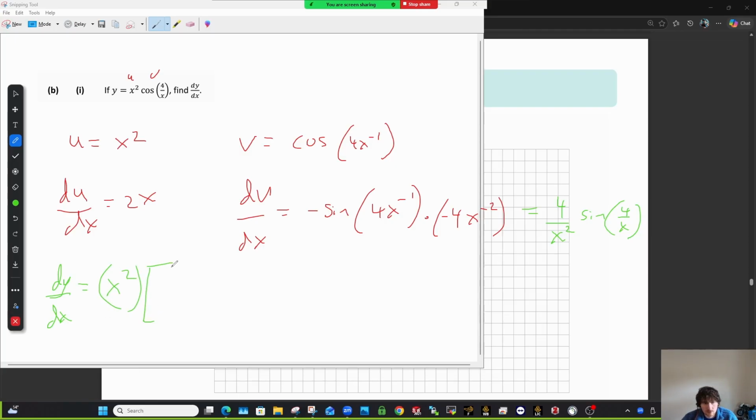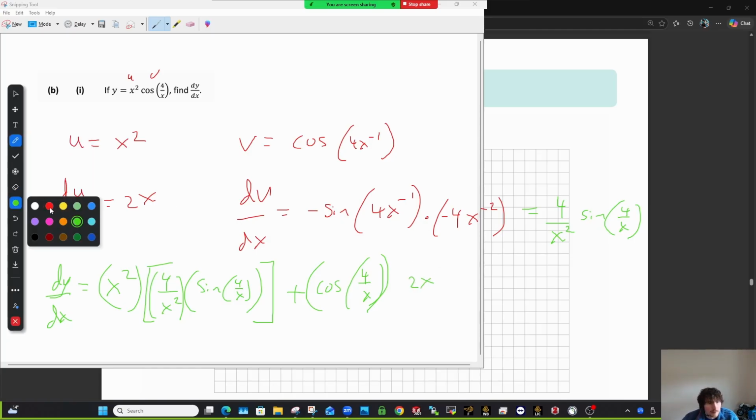I'll use a square bracket because it's quite messy. 4 over x squared times sine 4 over x, so just be neat. Goes off the square bracket, and then it's plus v, which I'll write like this, 4 over x, and then multiplied by a bracket like this with the 2x.